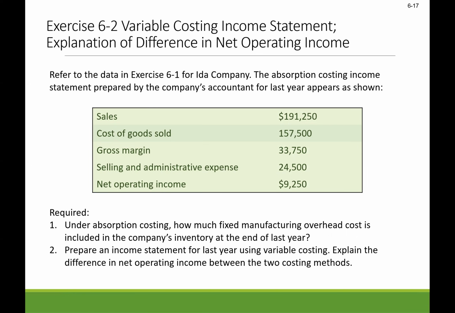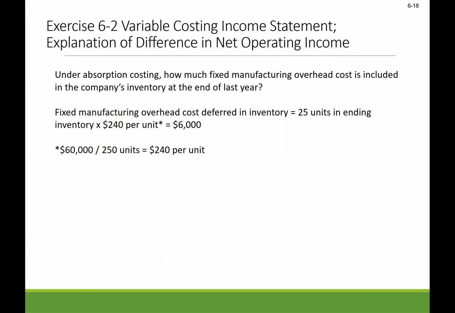Under absorption costing, how much fixed manufacturing overhead cost is included in the company's inventory at the end of the year? Okay, so fixed manufacturing overhead cost deferred in inventory is the 25 units at $240 per unit. We take the 60,000 in costs, spread that over 250 units to come up with our 240 per unit.